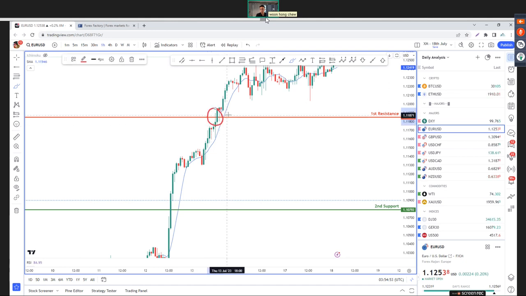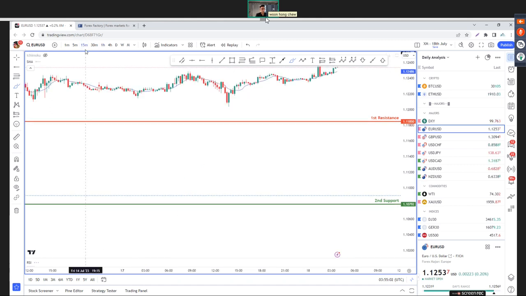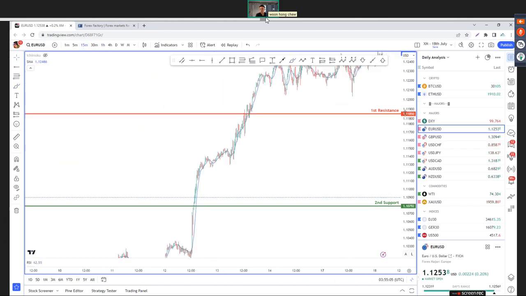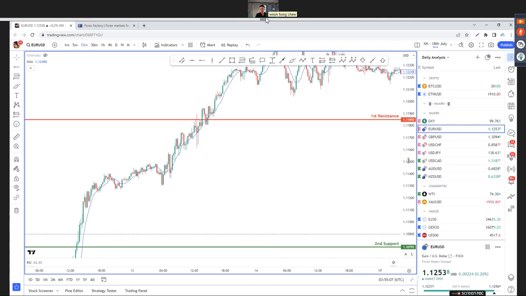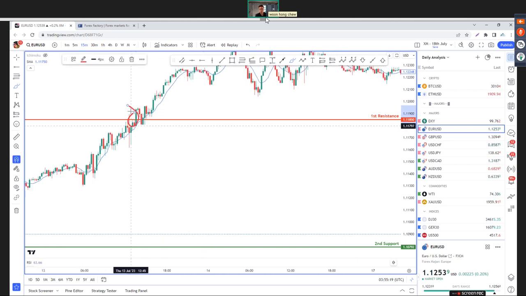Breakthrough above the SMA line, so two criteria met. And then our next criteria would be 15-minute entries. When it broke through, one of the other confirmations would be the body closing above this resistance area. You can see the body close is still above the SMA line, so you can see that it's bullish.